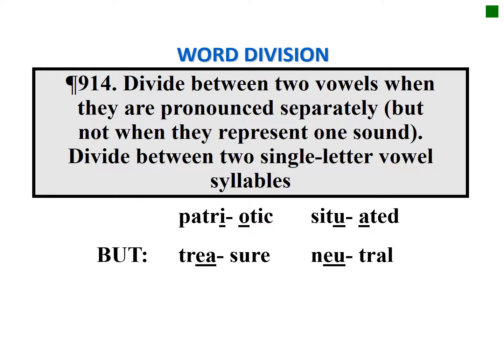But in treasure, the E and the A sound together. Jure. Neutral, N-E-U-T-R-A-L. So the EA and the EU are not pronounced separately, so you would not divide between them. You would divide after. But patriotic, you would divide between them, situated, because you hear both.